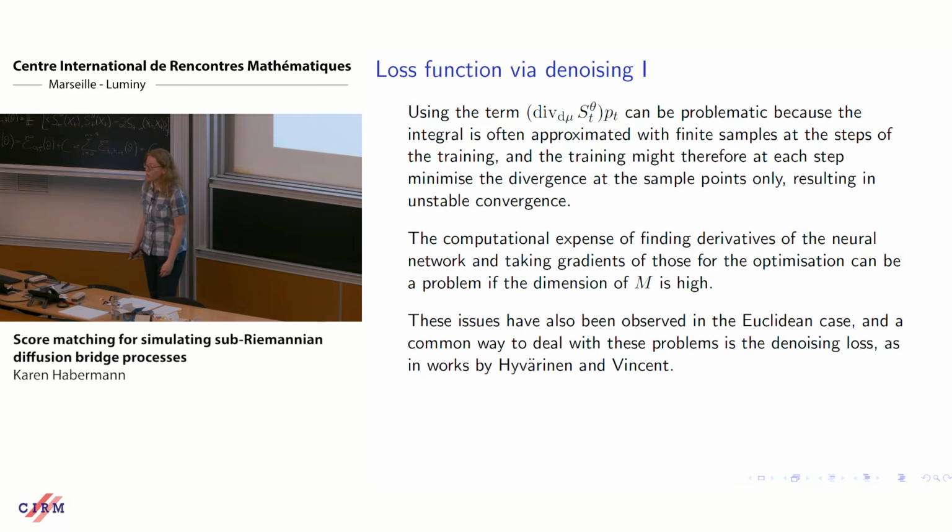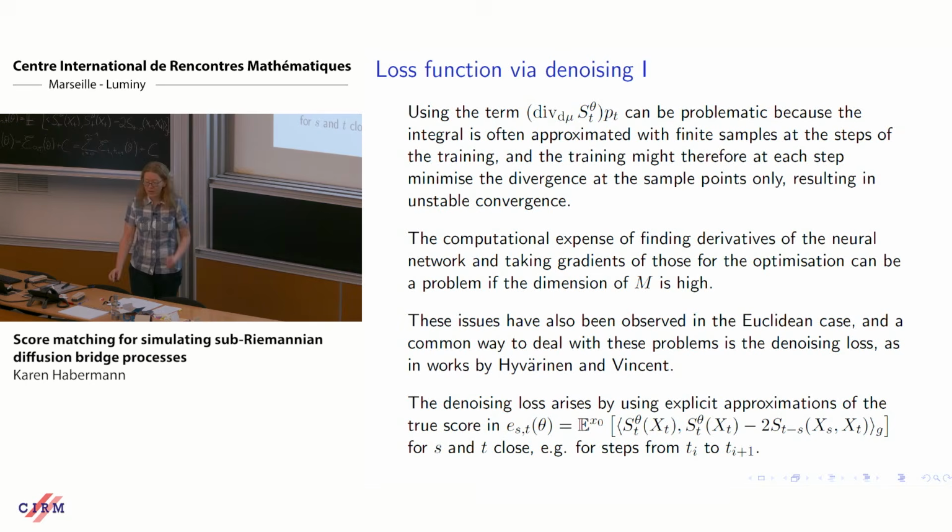Their thought was, instead of getting a really nice expression where we only express our loss function in terms of the approximated score, at some point we need to approximate things anyway. For instance, in our loss function, when we were approximating the time integral, there were already additional errors coming in.